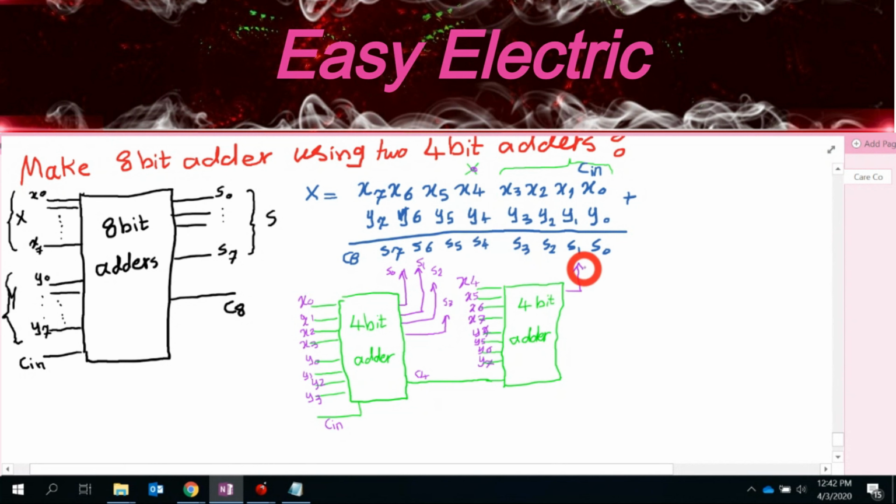So that means the first one should be S4, the next one should be S5, the next one should be S6, and the next should be S7. And whatever you have as a carry out for the second one, definitely that is C8, right? So whatever you have here is your C8, okay?